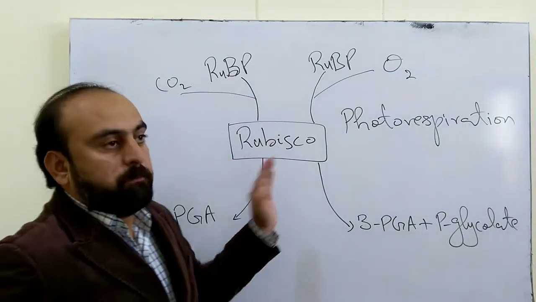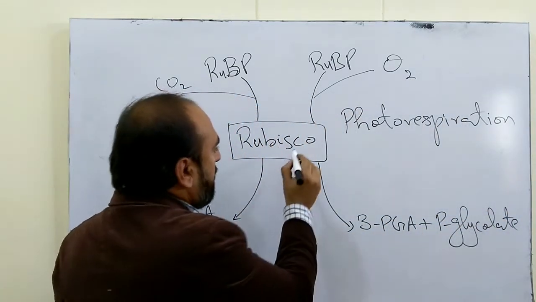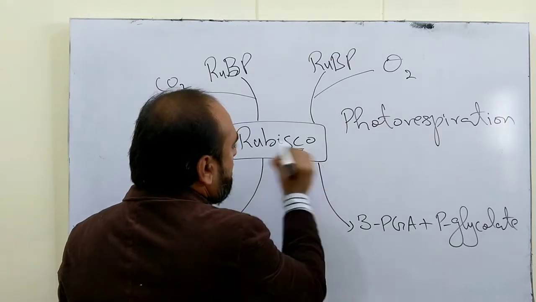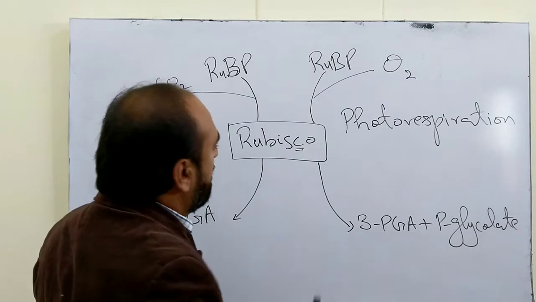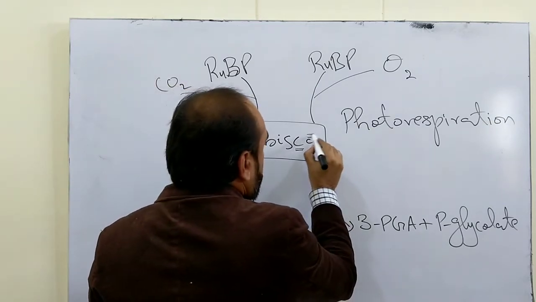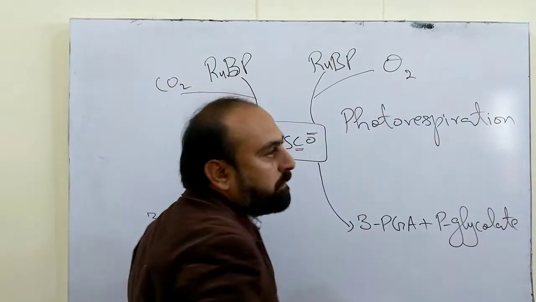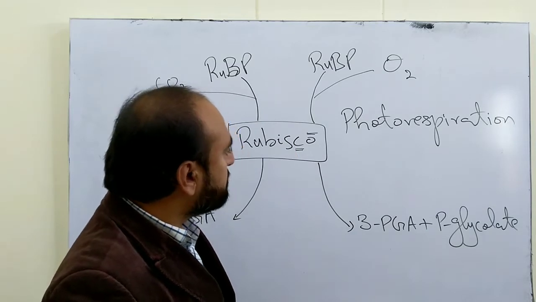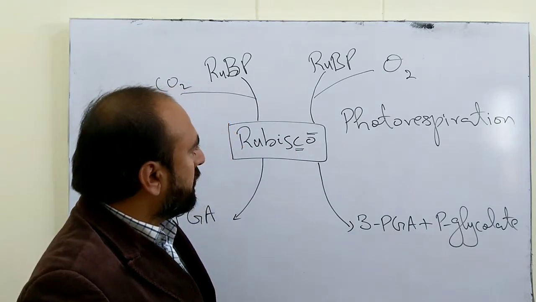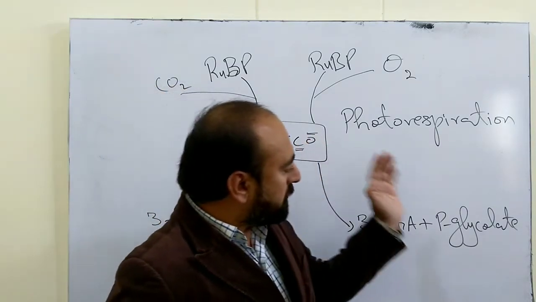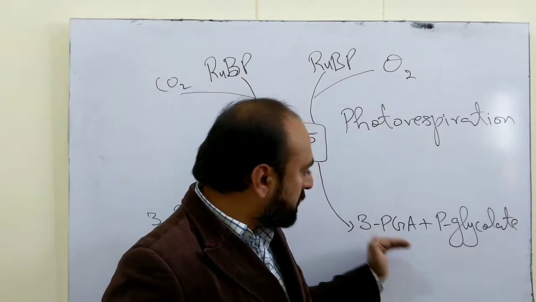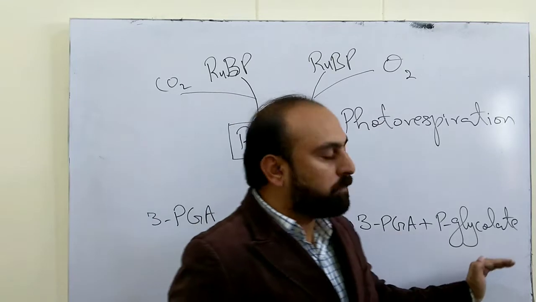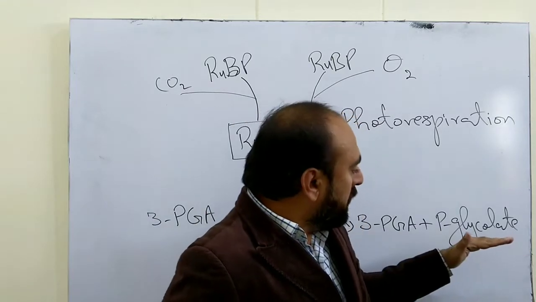So Rubisco is a bifunctional enzyme which can act as carboxylase when it accepts carbon dioxide, or it can act as oxygenase when it accepts oxygen. When it acts as oxygenase, it produces one molecule of phosphoglycerate and one molecule of glycolate.